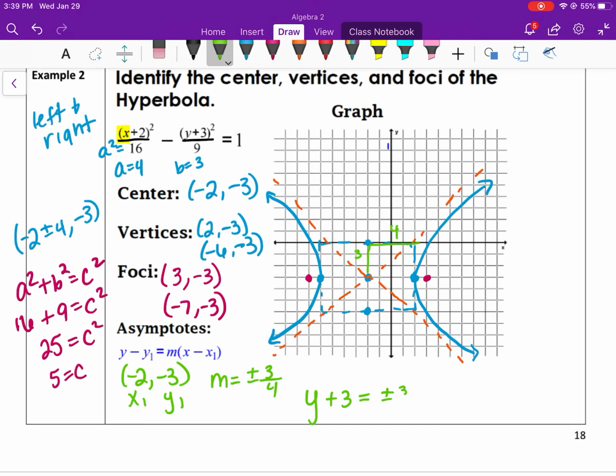And then plus or minus 3/4, and then x plus 2, because that's x minus -2. So this is in point slope form, because I give you a point and the slope that the line has. And the point that it's on is -2, -3, which is the center.